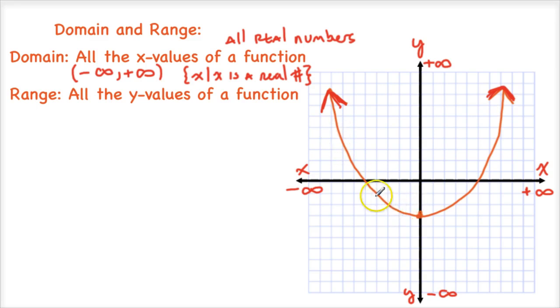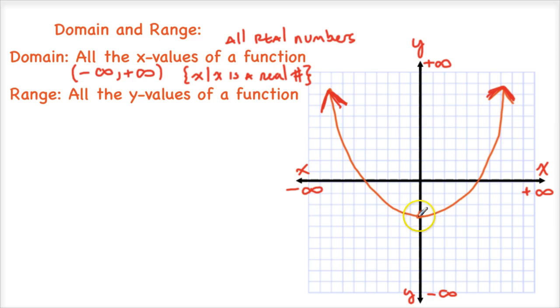If you started listing out all of these points, you would see that the x-coordinates start at 0, -1, -2, -3, and so on and so forth. And you would keep listing off points where the x-coordinates would continue off for negative infinity. Same thing over here, the x-coordinates would continue off for positive infinity. And the y-coordinates would keep going up.